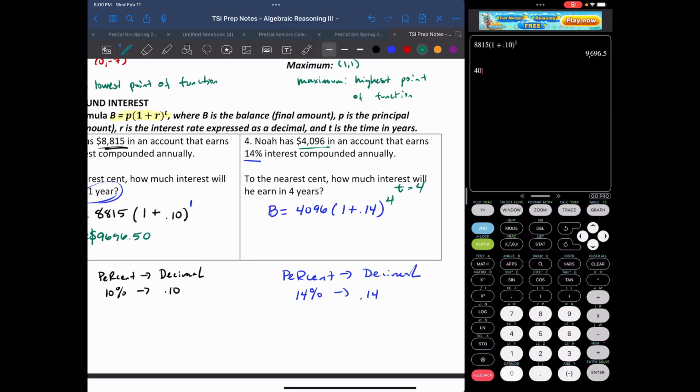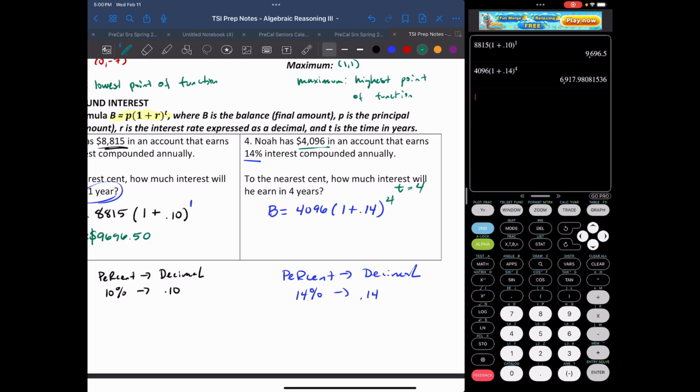So we're going to input all of this into our calculator. Sorry about that. So there you go. I'm raising it to the 4th power.